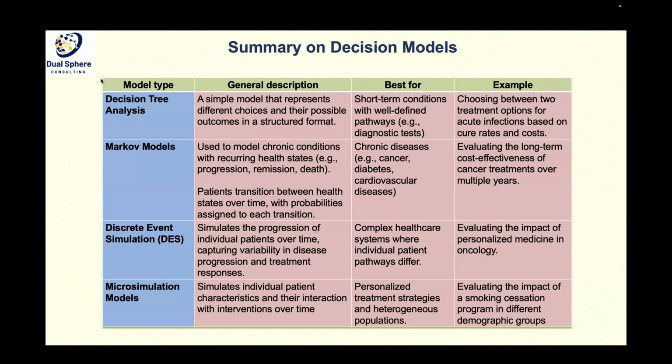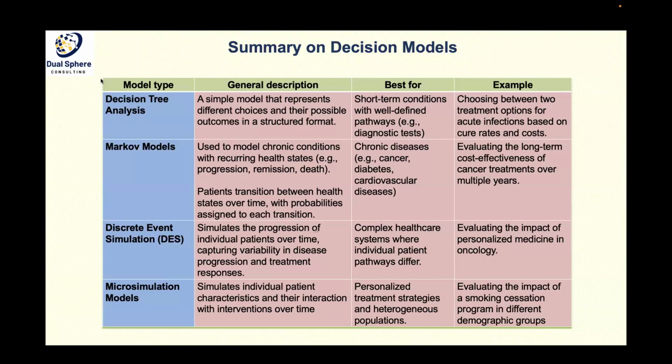Discrete event simulation, when you are evaluating the impact of personalized medication in oncology. You can use DES in that case because you will be simulating when there will be any recurrence, or any metastasis.